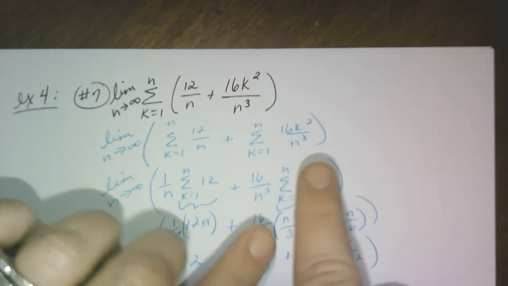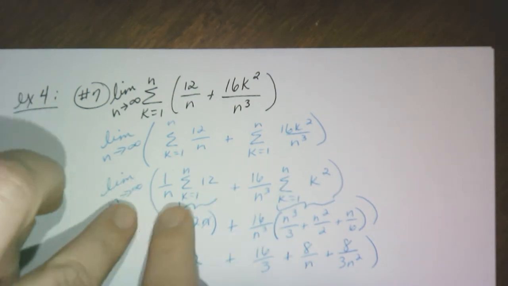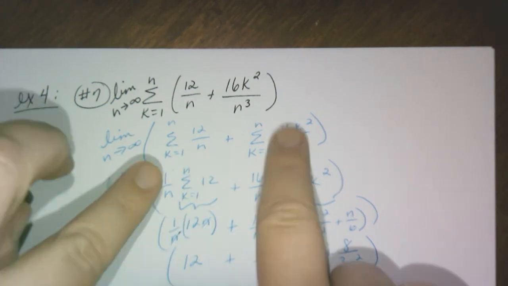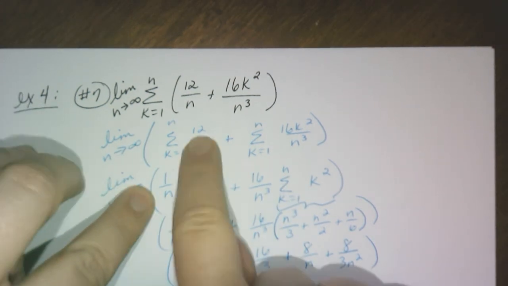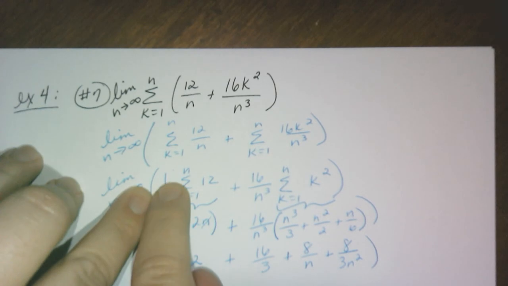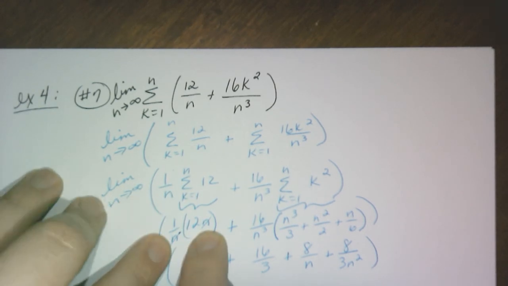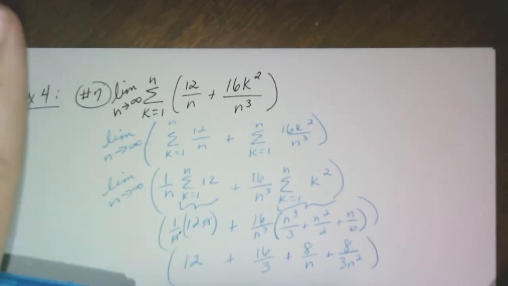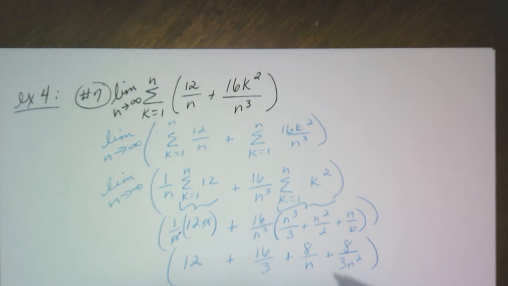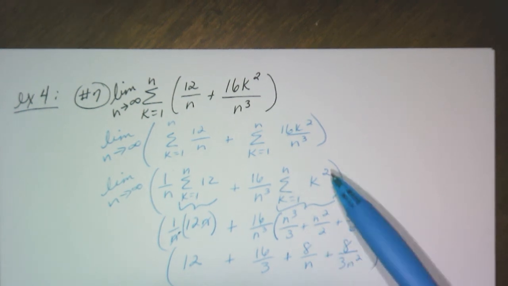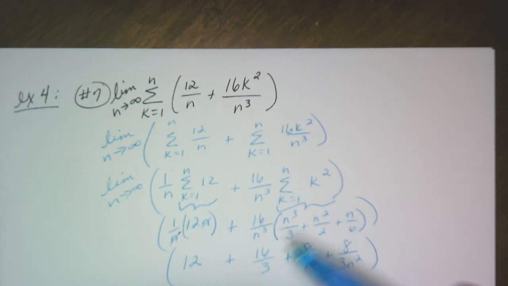And you factor out the other n's and the numbers in front. This one I left the number. You could have factored out the 12 over n and then would have had n here, and that would have canceled. Same concept. You would have had a 1. But that's all I did.